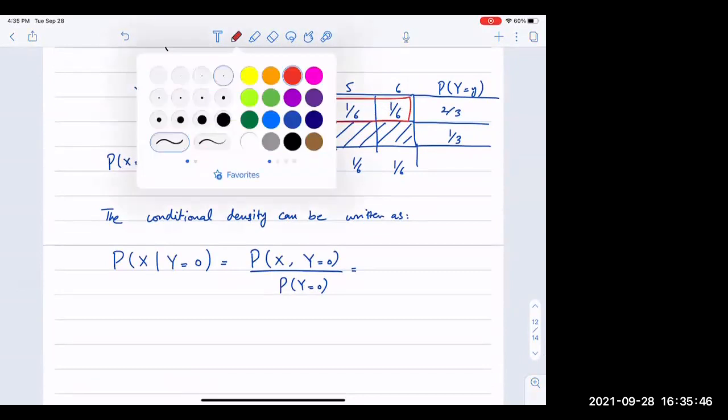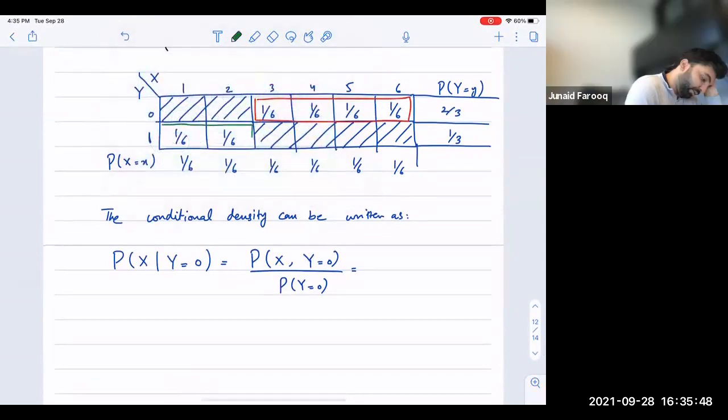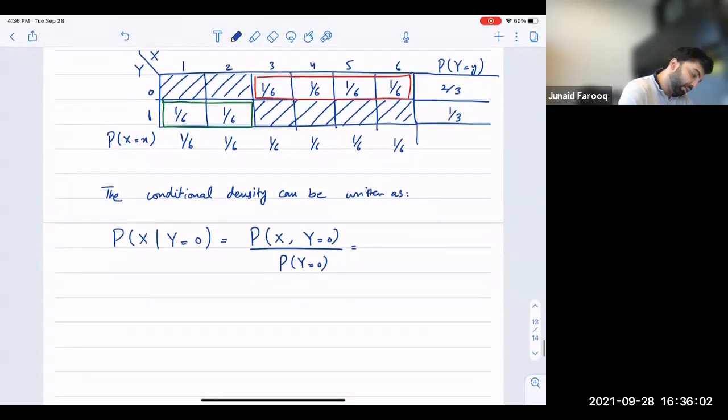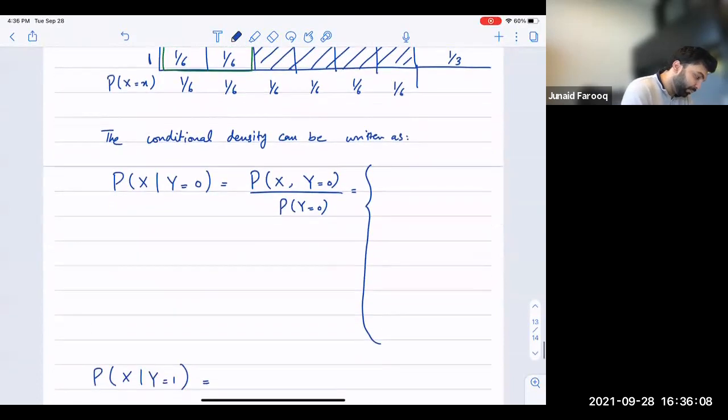When Y is 1, you only have 2 possibilities. So you have to look at the joint value and divide it by the probability Y equals 0. So this will be 4 different values: X equals 3, 4, 5, and 6.